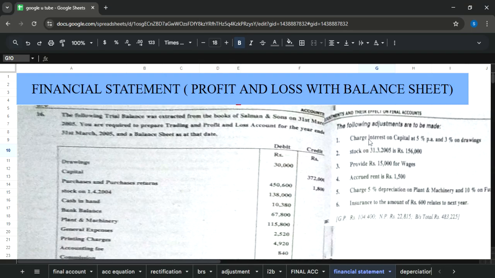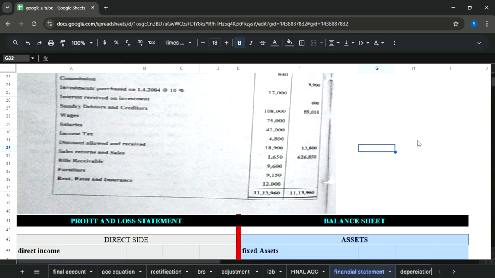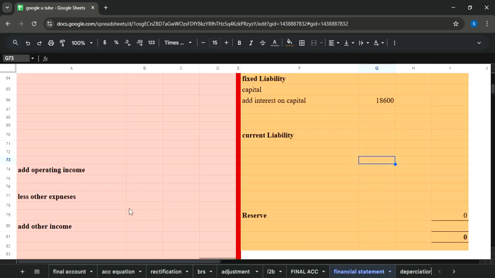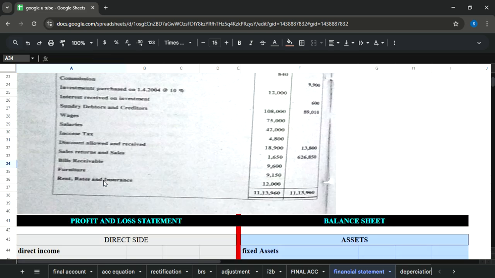Look here, besides interest on capital, interest on drawings is also present. Interest on drawings is your operating income. So you will come over here and write interest on drawings opposite to interest on capital. How will you calculate it? For that purpose, you will search the amount of drawings.